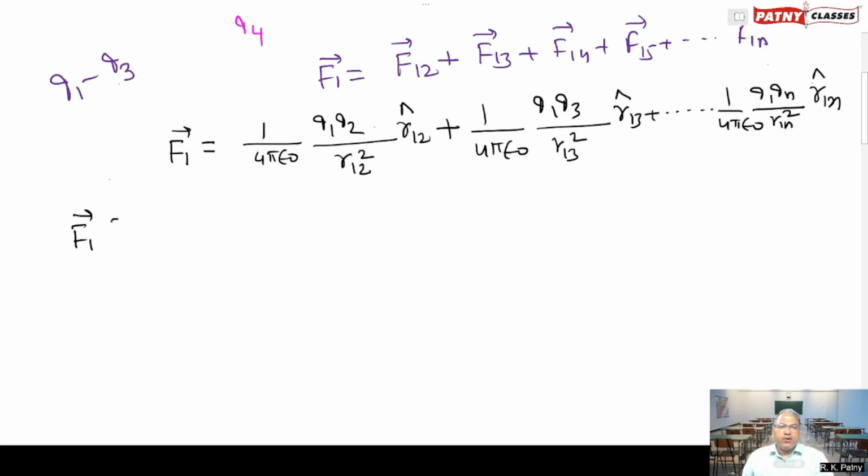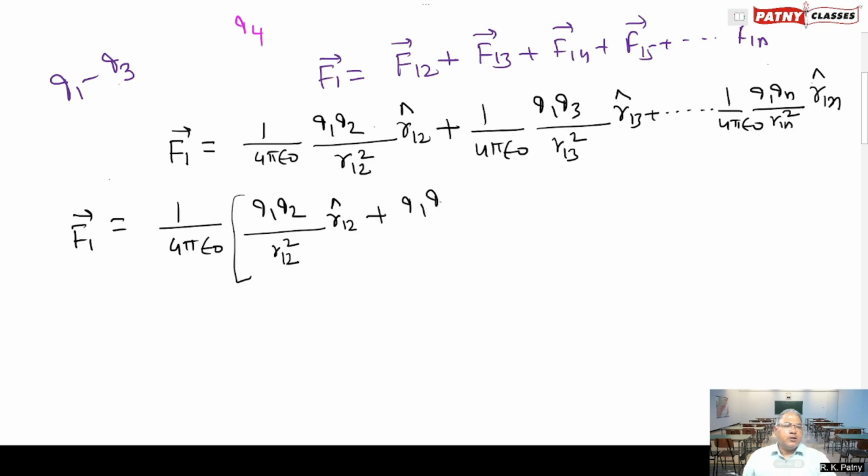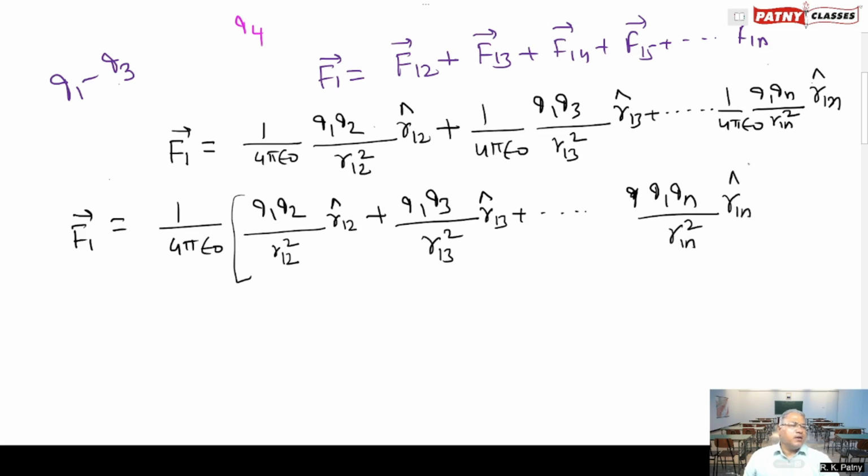Therefore, vector F1 equals 1 upon 4 pi epsilon naught taken common, Q1 Q2 upon R12 square R12 cap plus Q1 Q3 upon R13 square multiplied by R13 cap and so on, Q1 Qn upon R1n square multiplied by R1n cap.